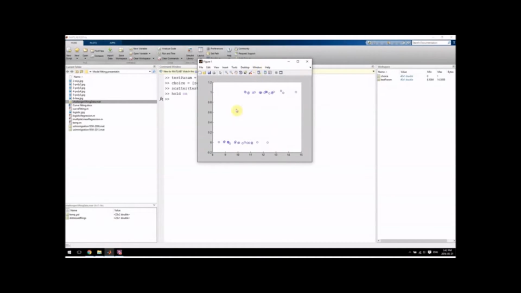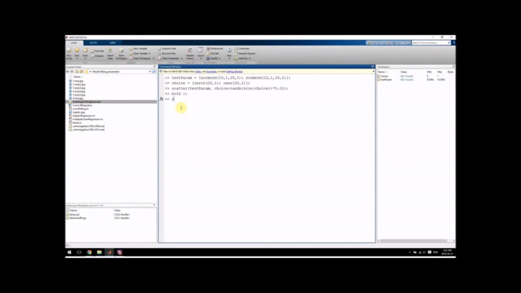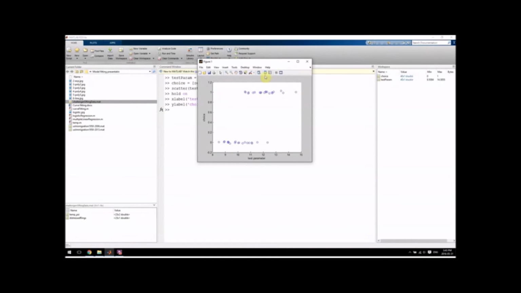Okay, so I will add some labels to this. Test parameter on the x-axis, and the rat's choice is on the y-axis. So we see the value of the test parameters down here.